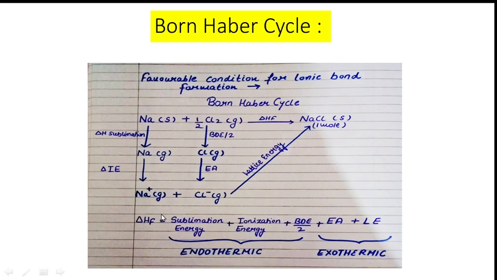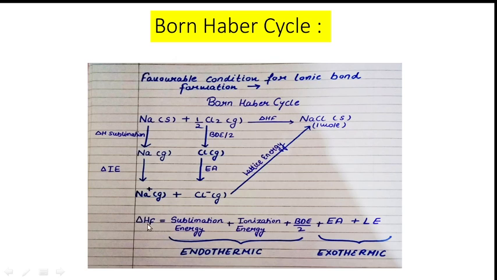So basically, delta H formation, the energy of formation, requires 5 types of energy: sublimation energy, ionization energy, bond dissociation energy divided by 2, meaning half of the bond dissociation energy, electron affinity, and lattice energy.